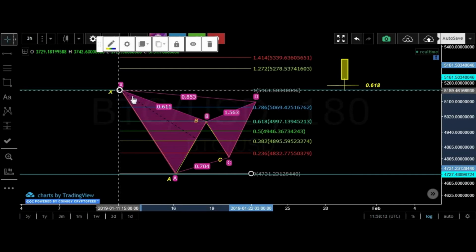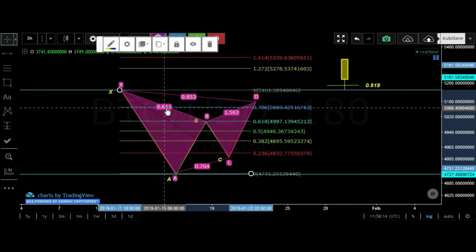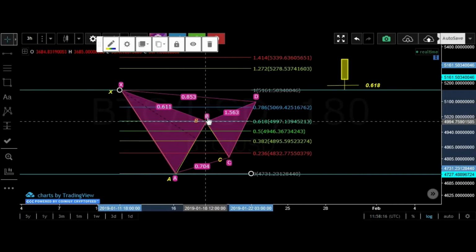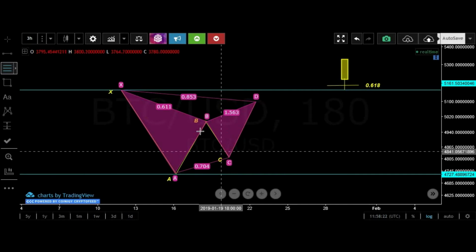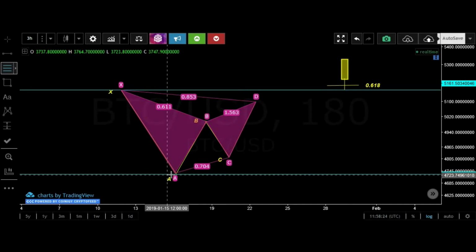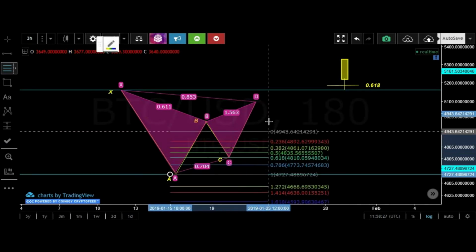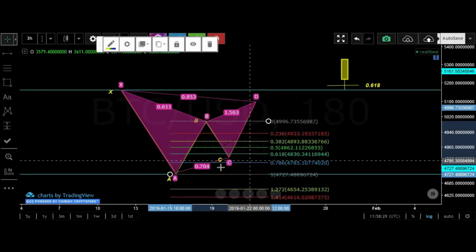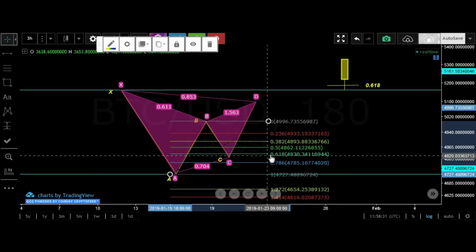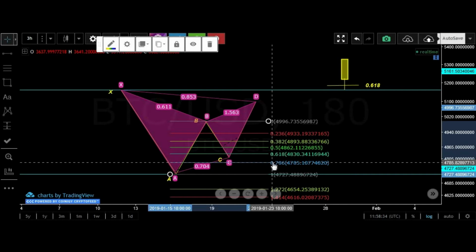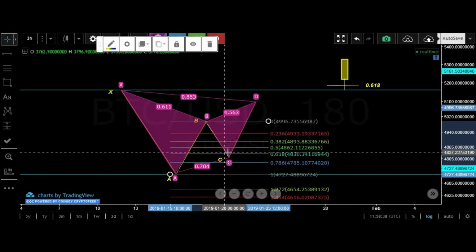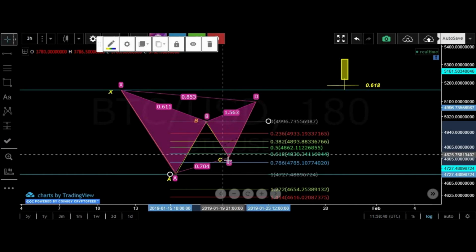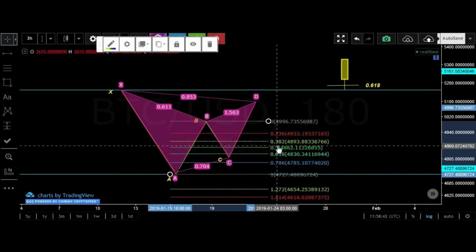So what we have here is 0.611, which is within this range, which makes the B leg accurate. Then we'll move to the C leg, which is from the A leg up to the B leg, which I said must range between the 0.618 down to the 0.786. So we have here 0.704, which is within this range and it's accurate and correct.